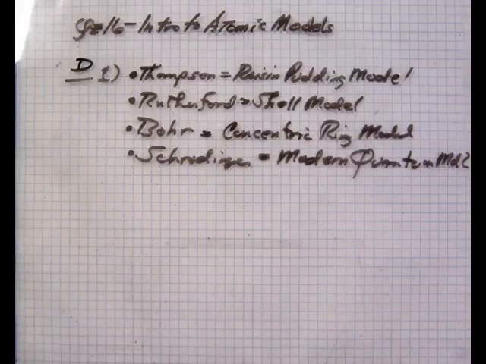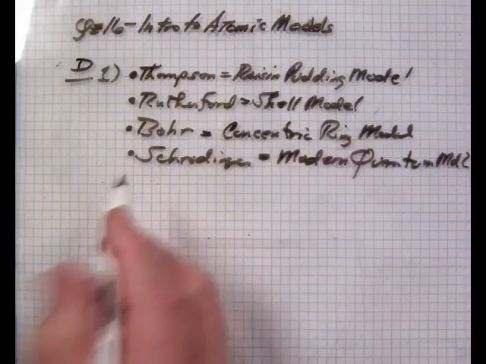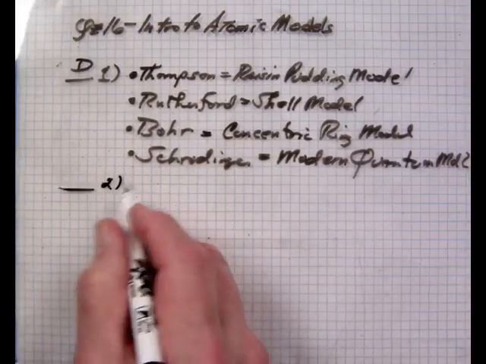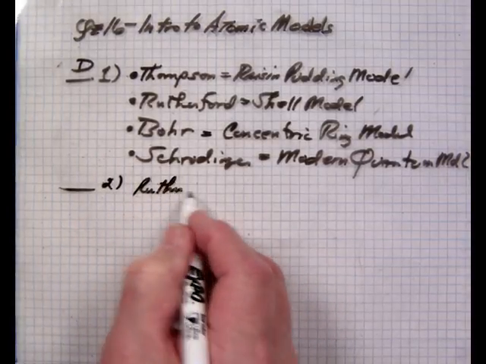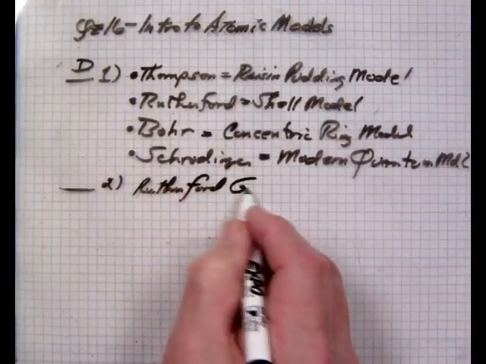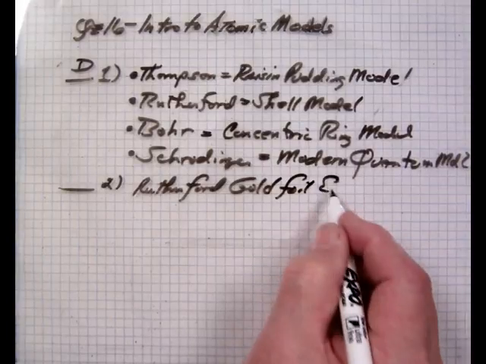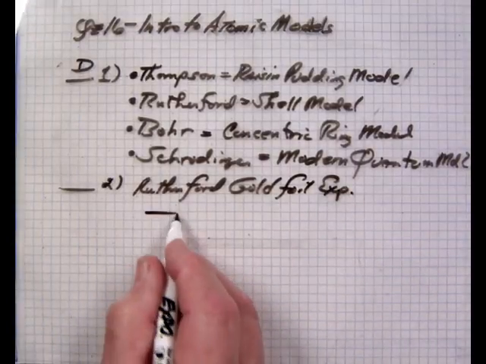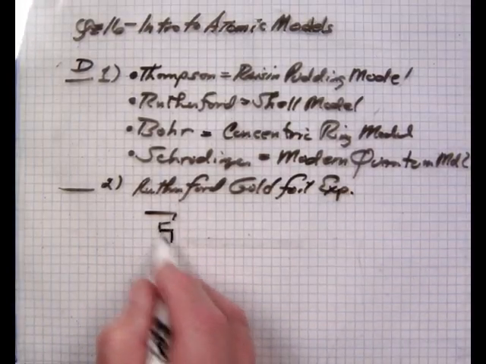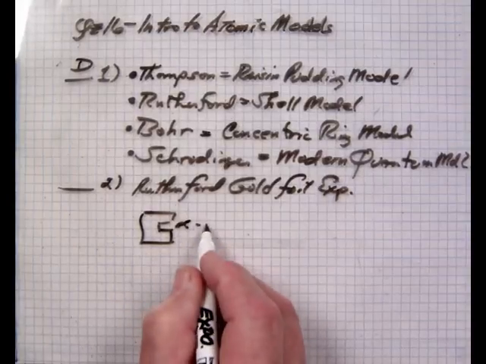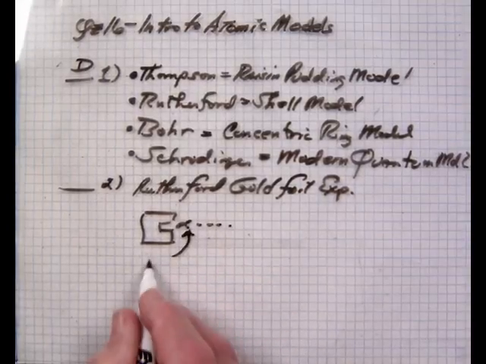Rutherford's shell model was based upon what? Anybody remember? What was the gold foil experiment? Right. So Rutherford, to make a long story short, used alpha particles. Alpha particles are helium nuclei.